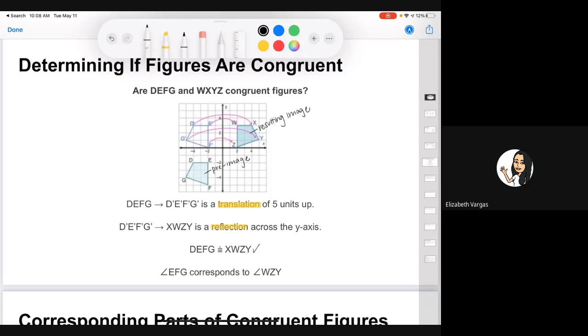So whenever we're trying to determine if two figures are congruent to each other, what we want to identify is, are we applying only rigid transformations? If we're applying only rigid transformations, then yes, my figures will remain congruent. If I apply something that is not a rigid transformation, then my figures will no longer be congruent to each other.